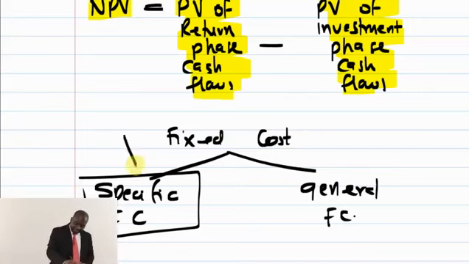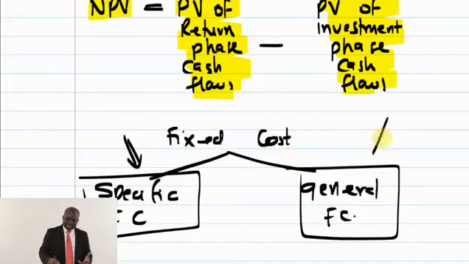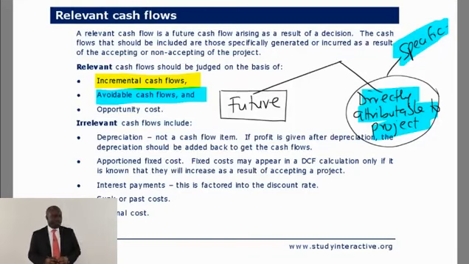So specific fixed cost is relevant, but general fixed cost will not be incurred as a direct consequence of you undertaking that particular project. And as a result of that, that general fixed cost becomes irrelevant. Whether we undertake the project or not, that general fixed cost will be incurred, and as a result of that, it becomes what?